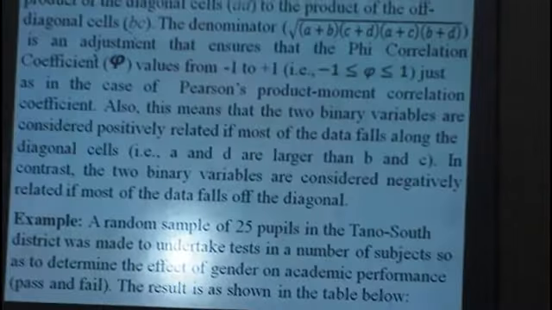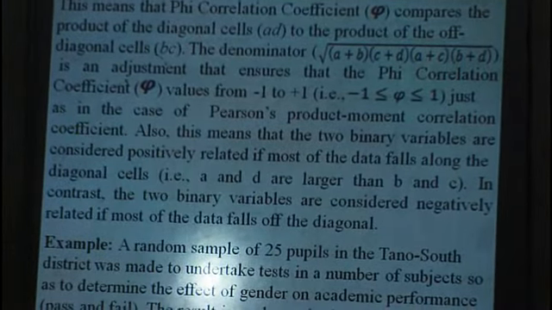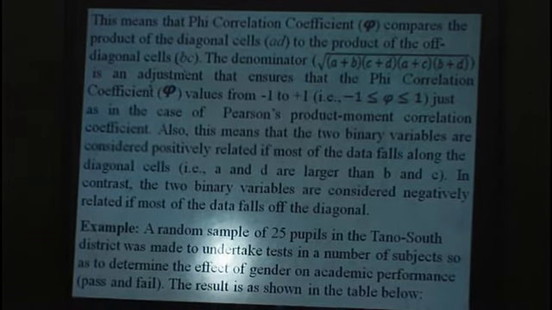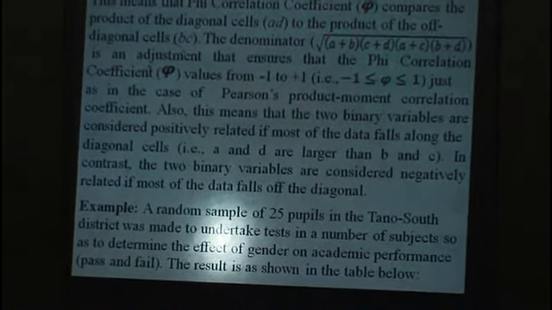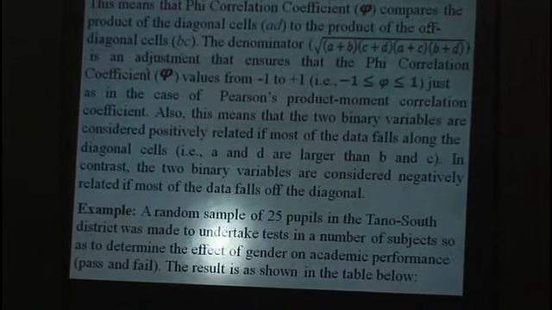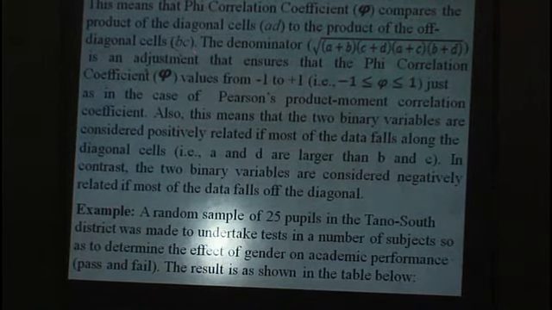Now to explain the formula further, the phi correlation coefficient compares the product of the diagonal cells to the product of the off diagonal cells.